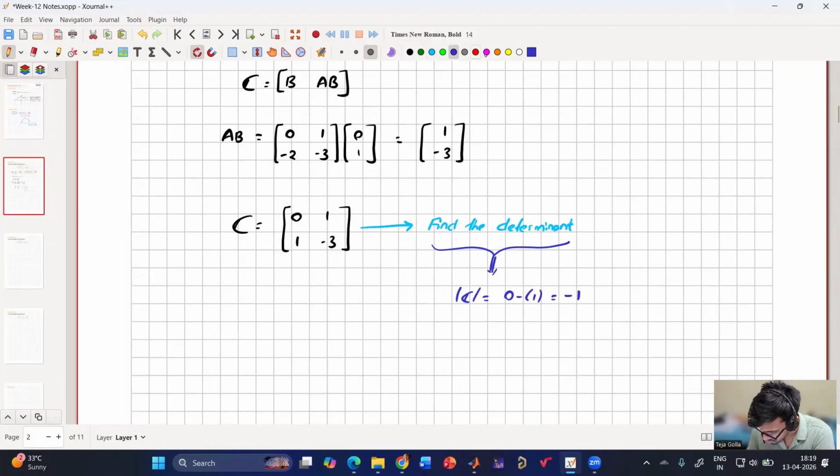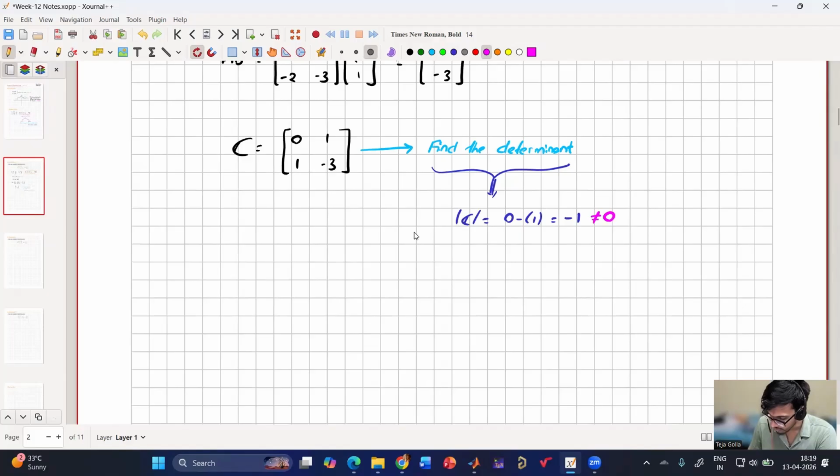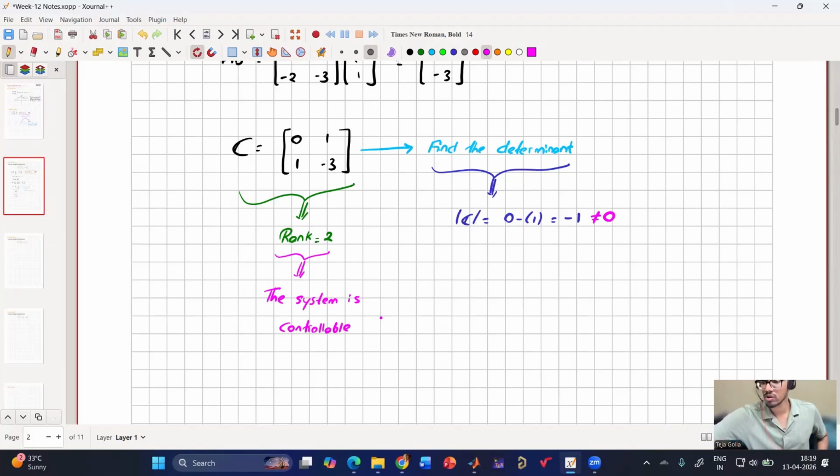So it is not equal to 0. So the rank of the matrix is equal to 2, which is same as the order. So the system is controllable.